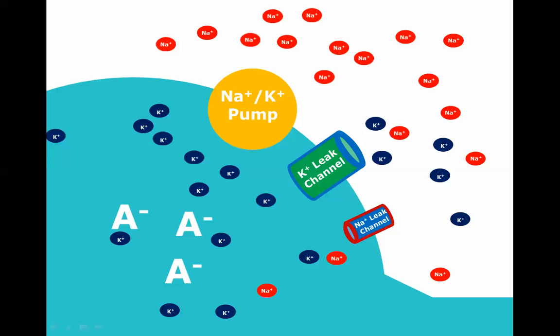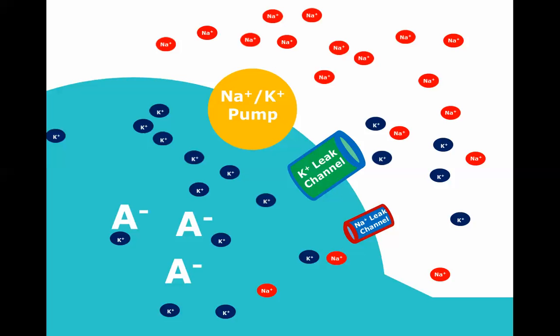If I add up the pluses and minuses, I've got 21 positive charges outside, no negative charges, and 15 positive charges inside and 3 negatives, for a net of plus 12.